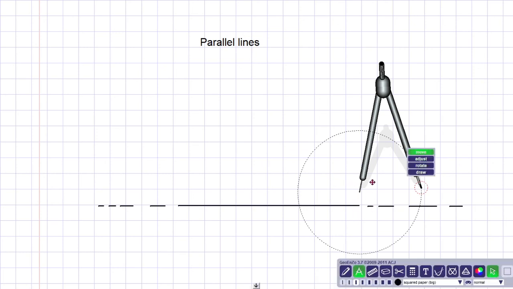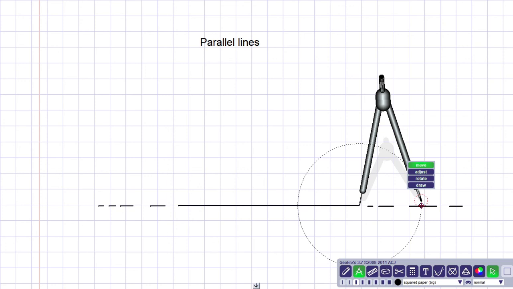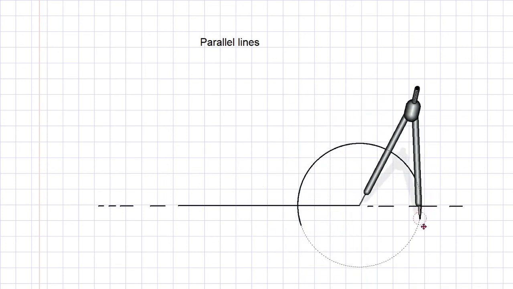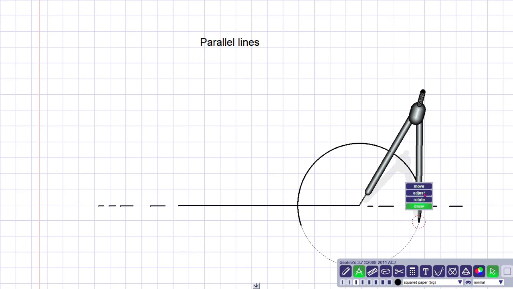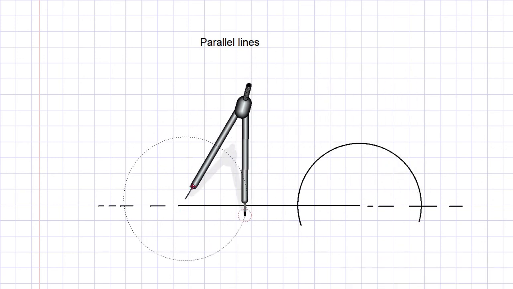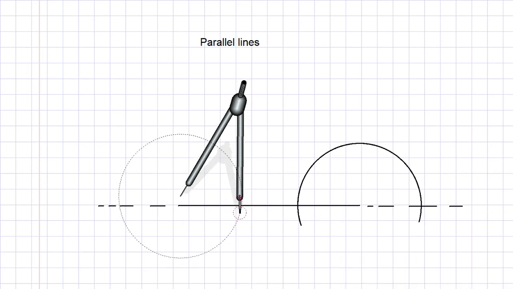Place the compass here, here, and draw an arc. Place the compass here also and draw an arc this way.